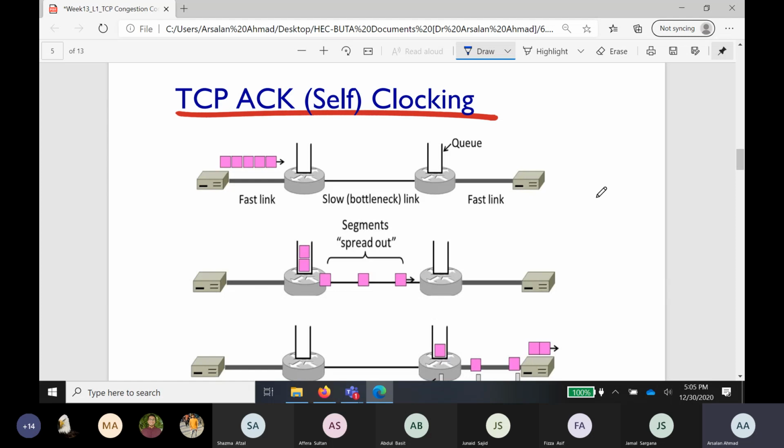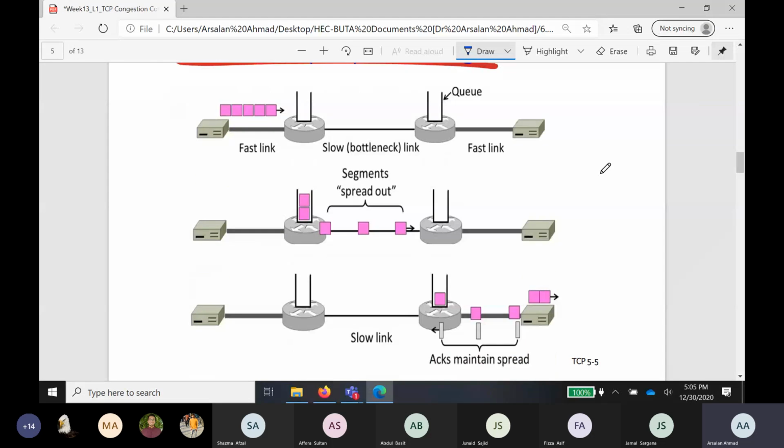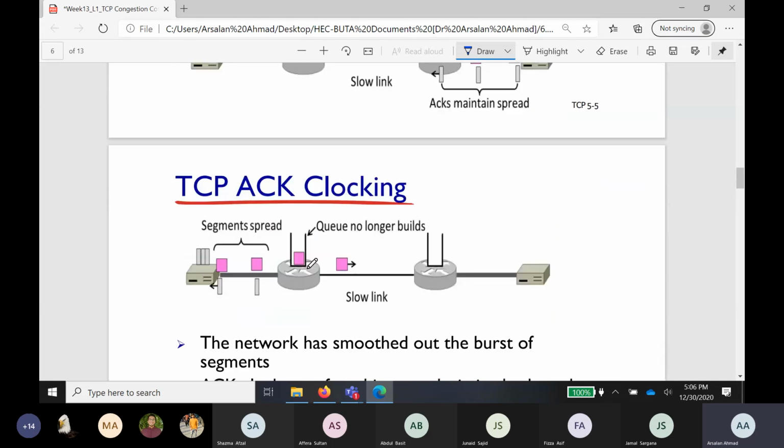And this is possible because the new segments are governed by the acknowledgements of previous segments being received, and since the acknowledgements maintain a spread because of the spread that was maintained while transmitting the segments by the router on the slowest link, the new segments will be clocked by these acknowledgements coming back to the sender.